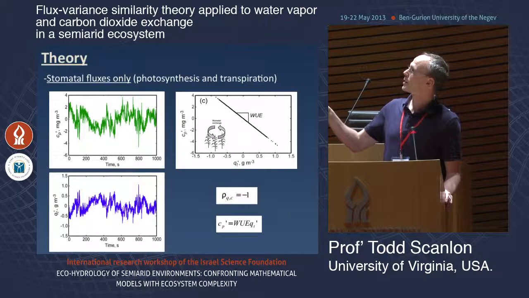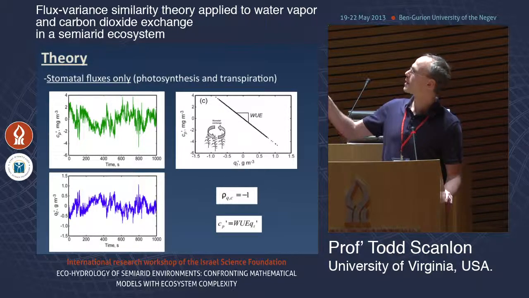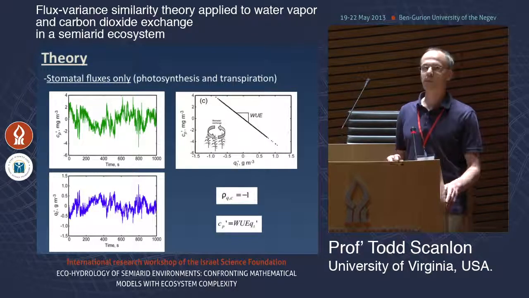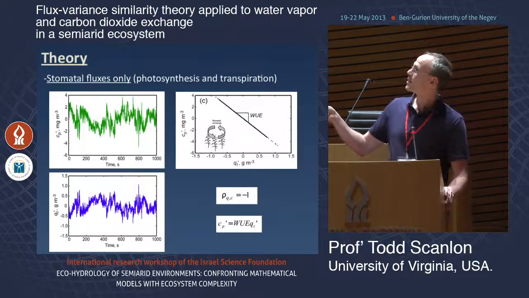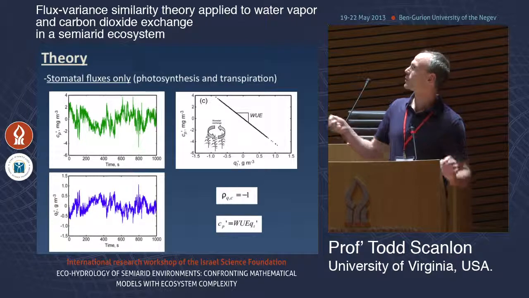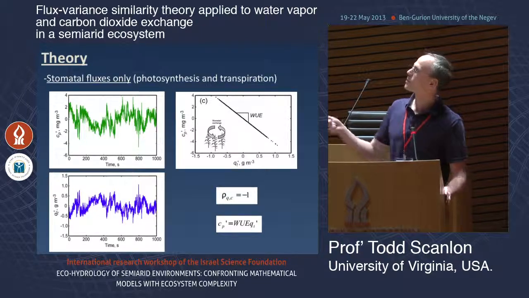So if we plot one against another, the water vapor concentrations on this axis, CO2 concentrations on that axis, we would get a perfect correlation. And the slope of that relationship would be the water use efficiency of the vegetation. The correlation coefficient between those two would be -1. So we have perfect anti-correlation.